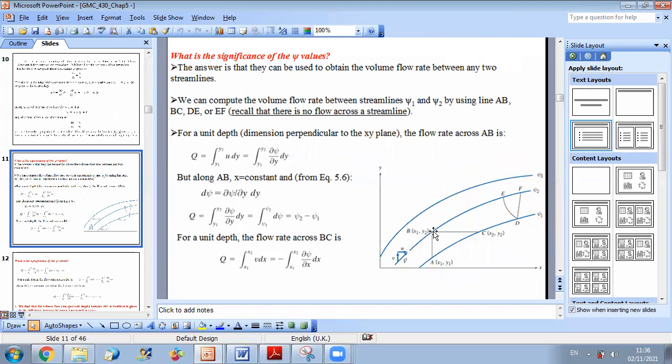For example, if you consider the following flow, you have different streamlines, and we already demonstrated that for constant values of psi, we can draw the streamlines. So if you consider, for example, two streamlines, streamline 1 corresponding to value psi 1, and streamline 2 corresponding to value psi 2.